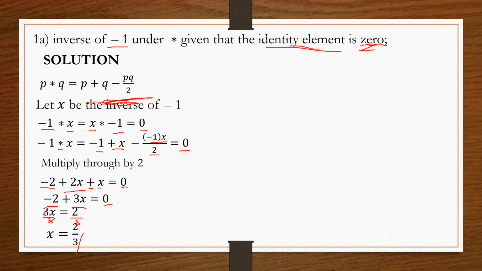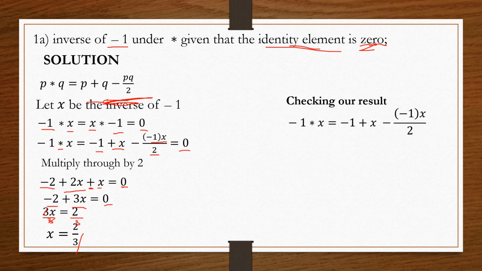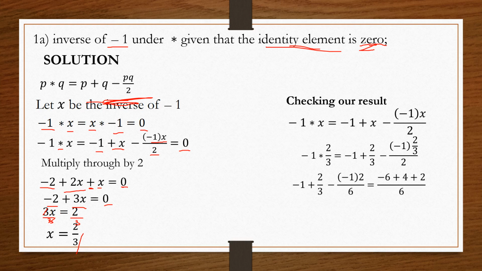We can check by substituting 2 over 3 for x, and we have minus 6 plus 6 over 6, giving 0 over 6, which is 0. So try it yourself and drop your comments. If you have any question, just drop it in the comment box. Thank you very much.